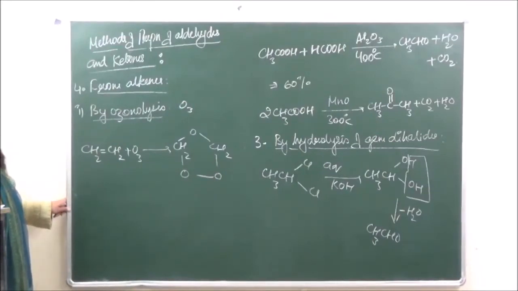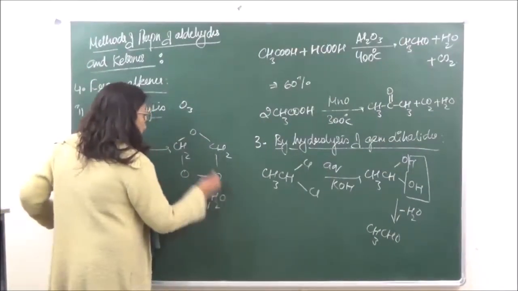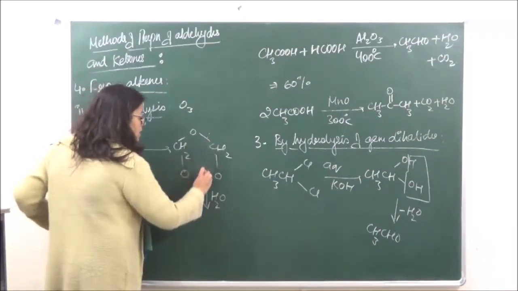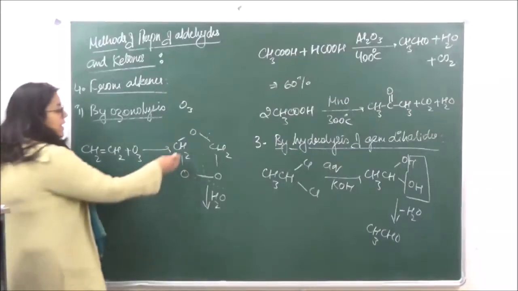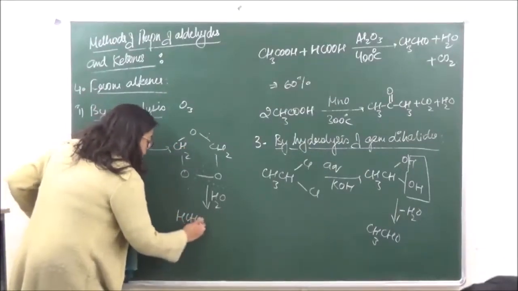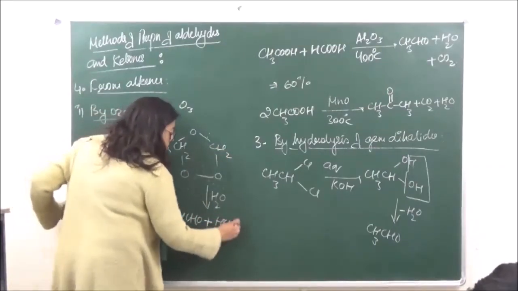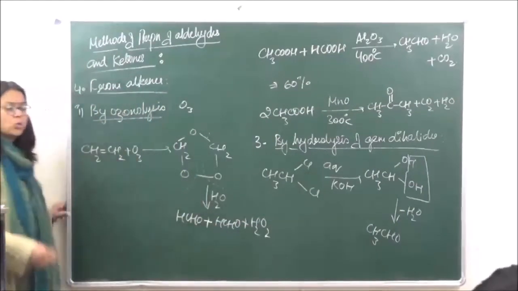But remember that the oxygens will only attack at the double bond. Now when we hydrolyze this solution, there is going to be a cleavage of the bond from both sides, such that we get HCHO plus HCHO and plus H2O2.